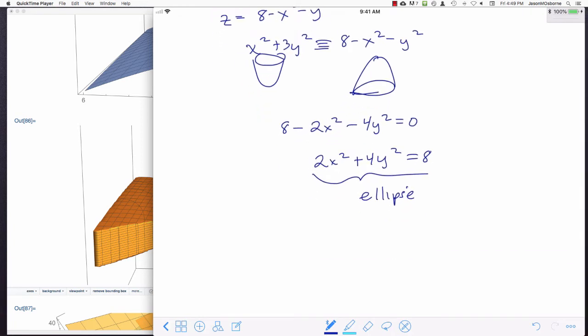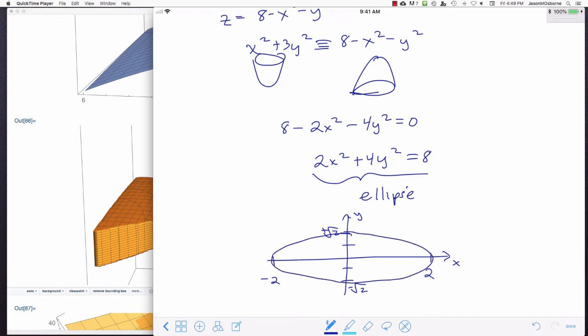Okay, so you can see here that in the xy plane, when x is equal to 0, y will be equal to plus or minus the square root of 2. And when y is equal to 0, you get negative 2, positive 2. So our ellipse that you're looking at in this problem looks like this.